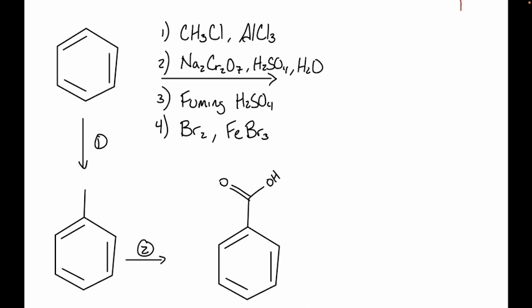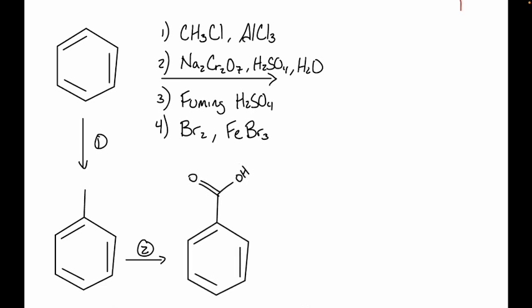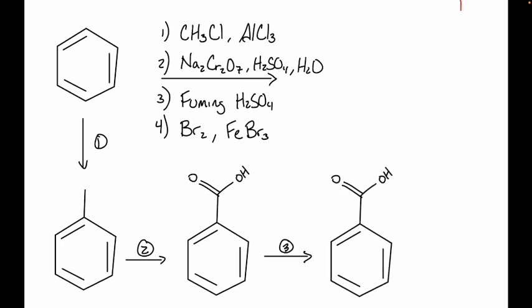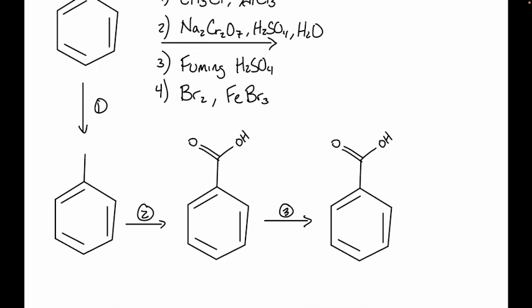All right, so now I'm going to do fuming H2SO4. What does that do for me? That's that SO3H group. Okay, so I'm adding something new to the ring here. So let's take a second and think, where should that go?